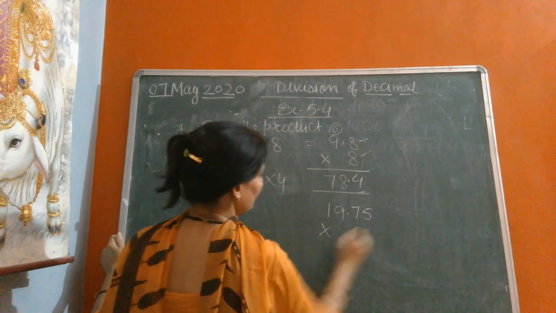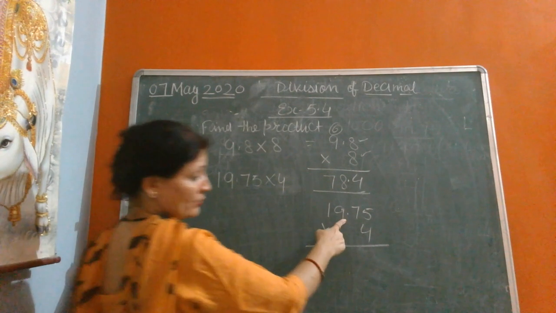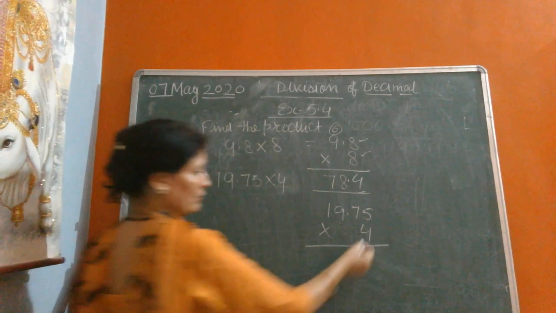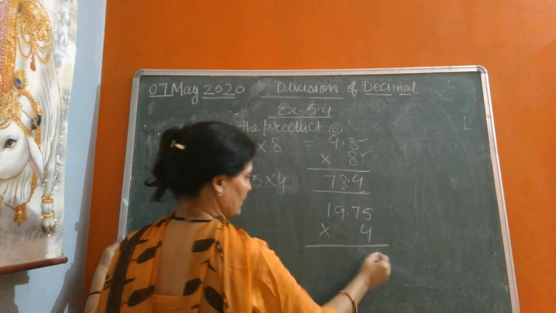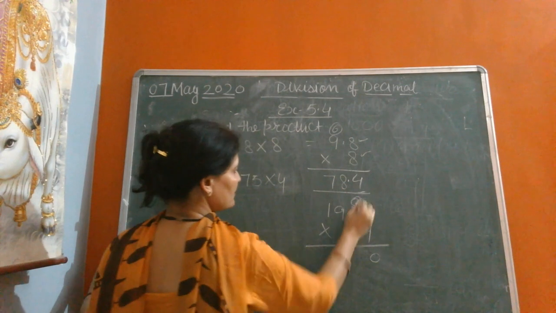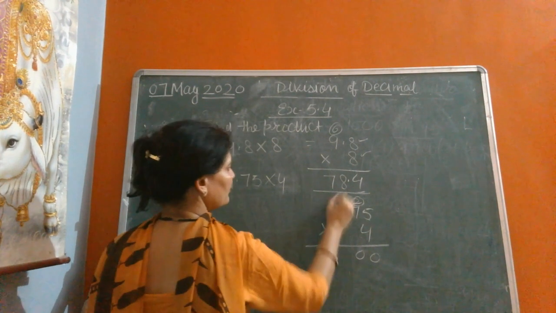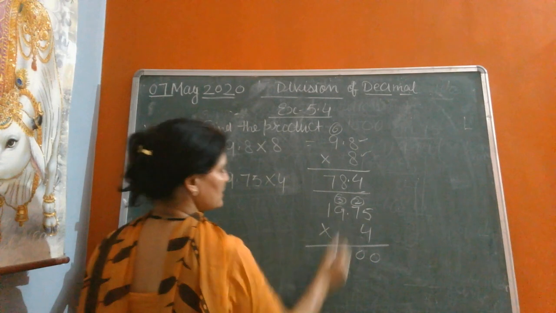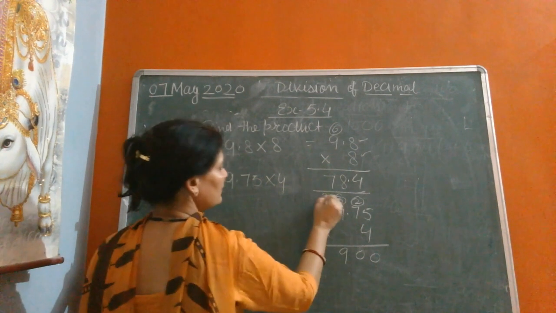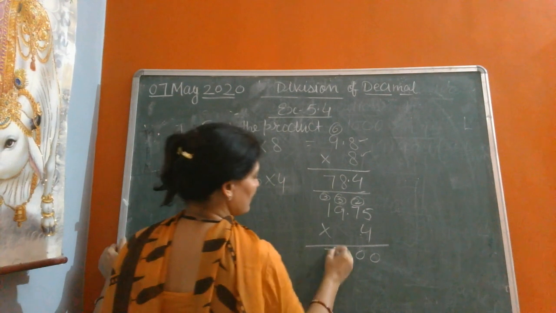Now we ignore the point and multiply 4 with this number. 4 5s are 20. 20, write 0, carry over 2. 4 7s are 28 plus 2 is 30. 30, write 0, carry over 3. 4 9s are 36 plus 3 is 39. 39, write 9, carry over 3. 4 1s are 4. 4 plus 3 is 7.